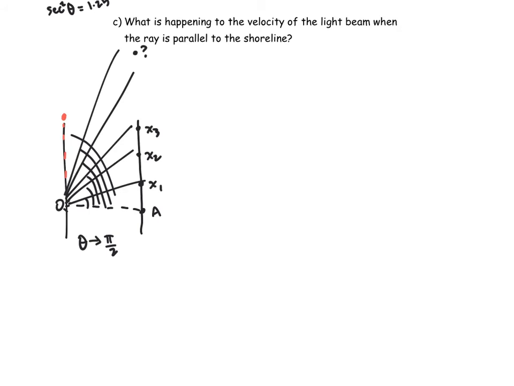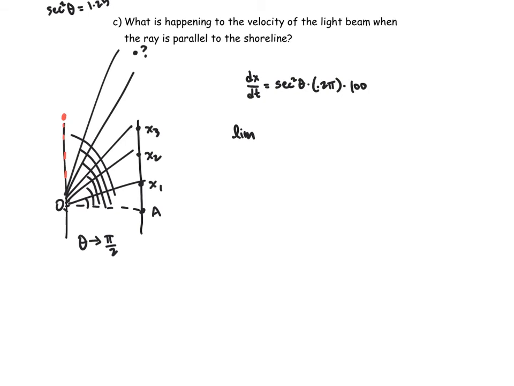Let's first look at dx dt. Dx dt ended up being secant squared theta times d theta dt, which hasn't changed, times 100. Let's look at how this changes, or what the limit is as theta goes to pi over 2.